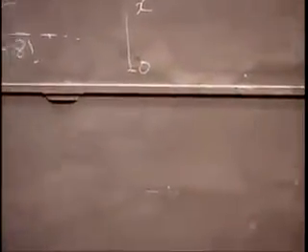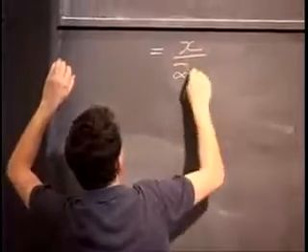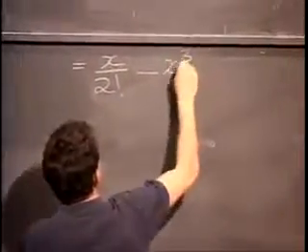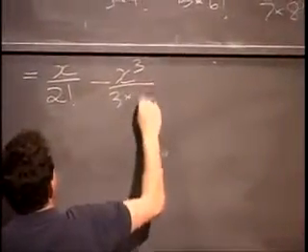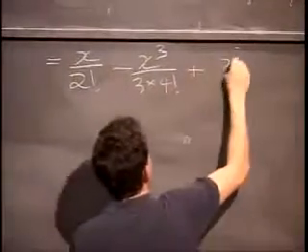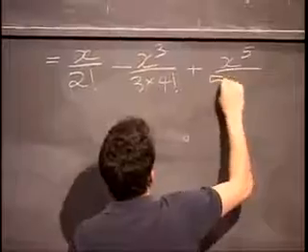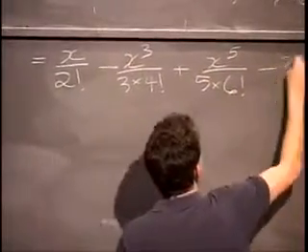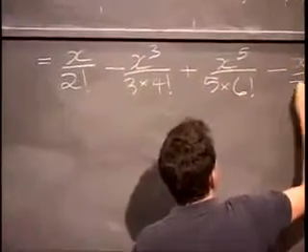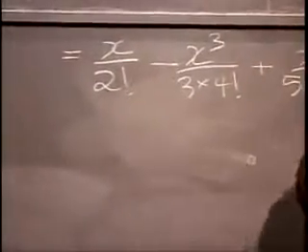Plug in 0, of course, everything goes away. So just replace t by x and you get the answer: x over 2 factorial minus x cubed over 3 times 4 factorial plus x to the 5 over 5 times 6 factorial minus x to the 7 over 7 times 8 factorial, and so on.